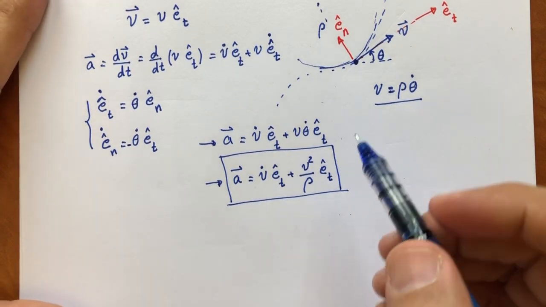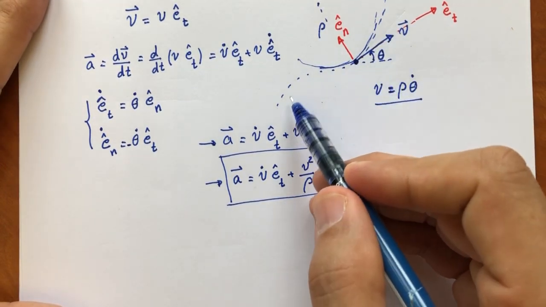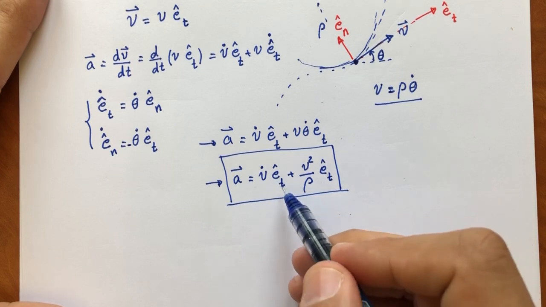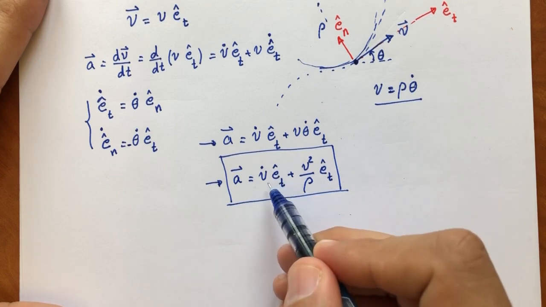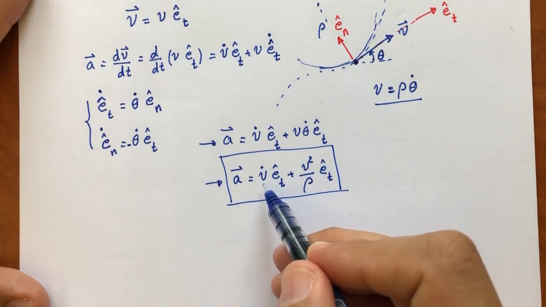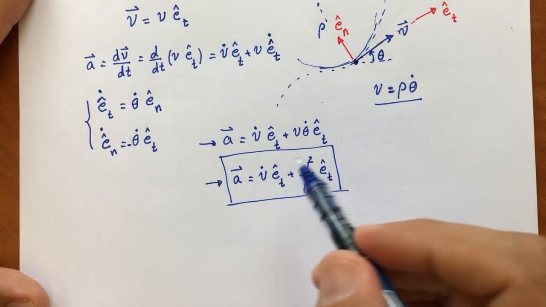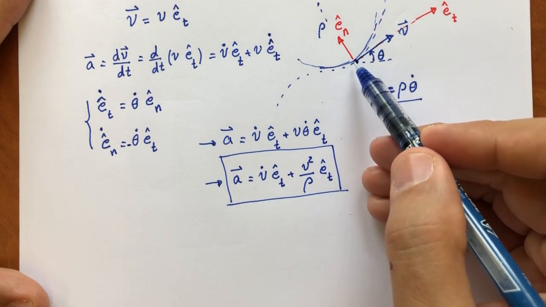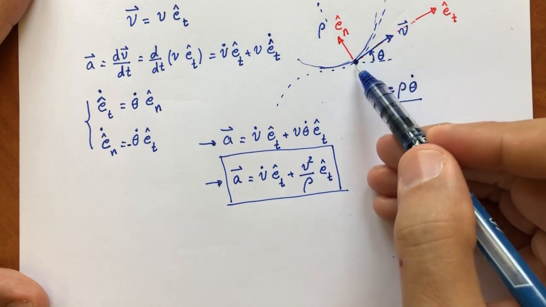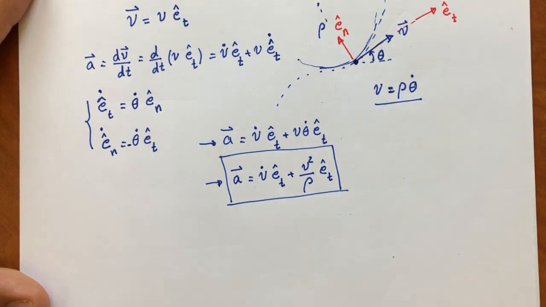It shows when you have a particle which is moving in a plane, acceleration is going to have two components. One of them is going to be tangent to the path of movement, which is v dot, and v dot means change in the speed. So if the speed of the particle is changing, you are going to have one acceleration there, and that acceleration is going to be just in the tangential direction.